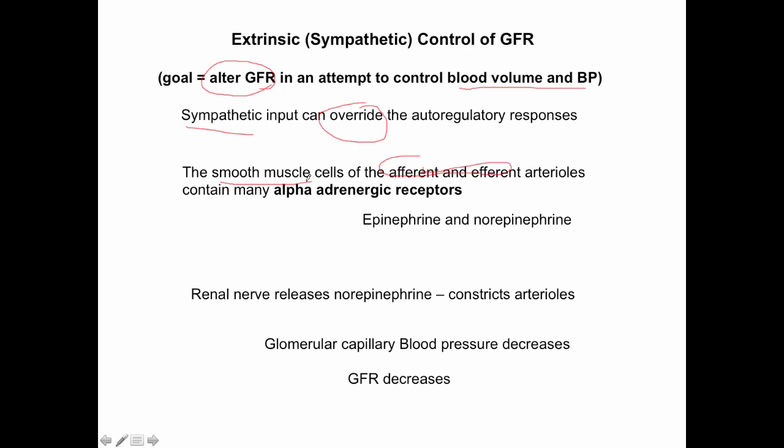These sympathetic nerves release epinephrine and norepinephrine on the smooth muscle of the arterioles, which bind to alpha adrenergic receptors and cause constriction. So sympathetic stimulation to the afferent and efferent arterioles causes constriction, which is going to cause a decrease in GFR.